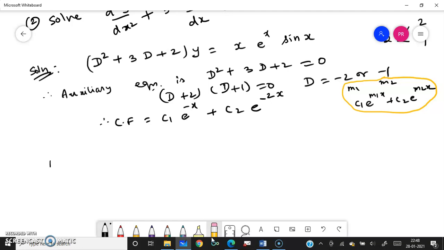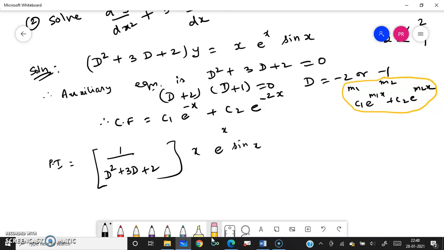Now we will go to the particular integral. What is a particular integral? Particular integral is 1 by d square plus 3d plus 2 times x e power x into sin x. What do we do?